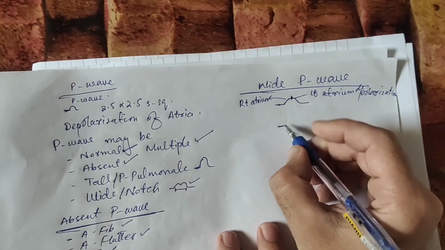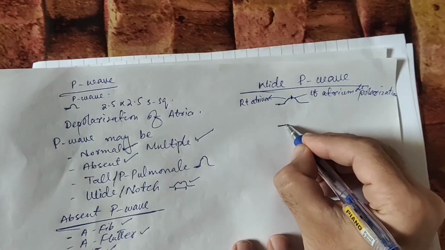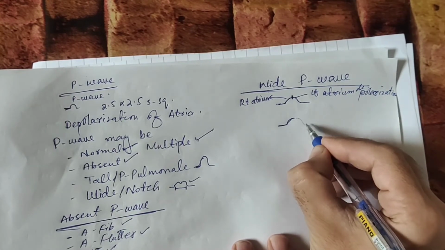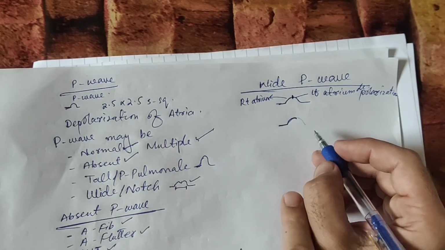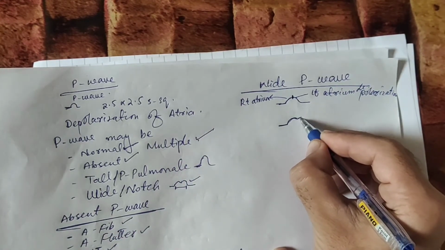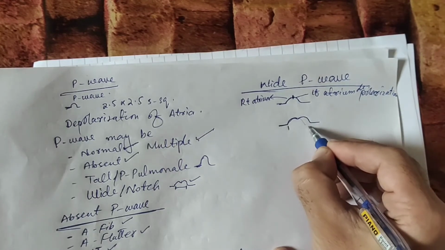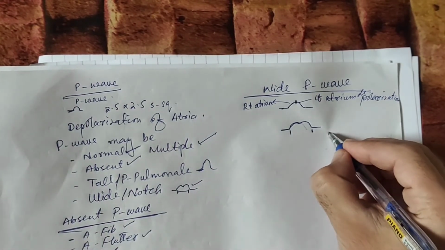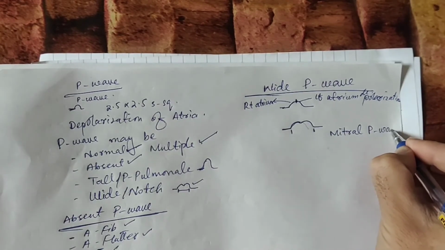So here is how we find left atrial enlargement in the ECG: there is right atrial depolarization and left atrial depolarization, but with the left atrium enlarged we have more time for left atrial depolarization, and a wide P-wave is formed, which is also called mitral P-wave.